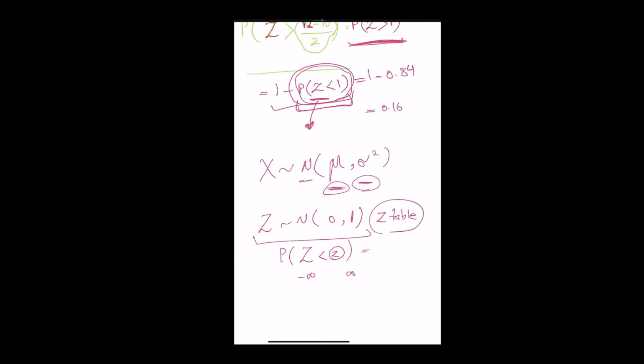However, it's only for this type of normal random variable. That's why for any other normal random variable, I first transform it to z so that I can use the z table and find the probabilities I want. Does that make sense?